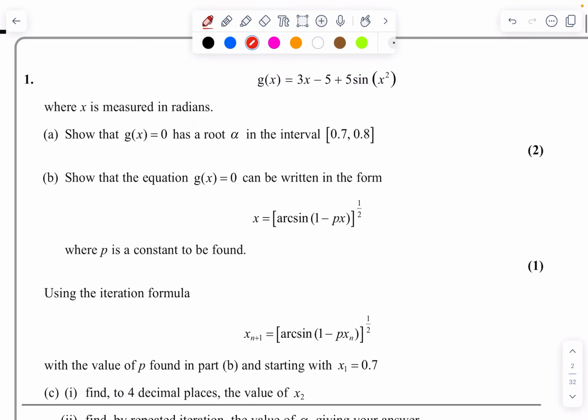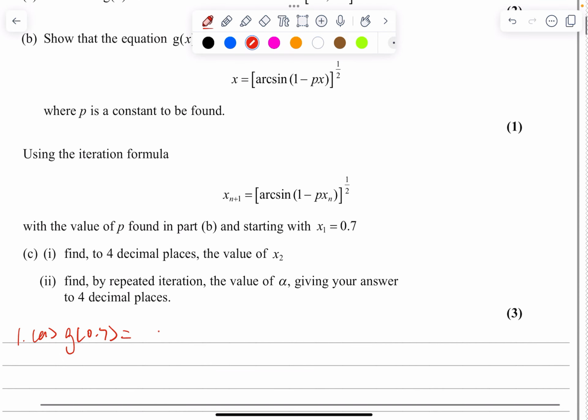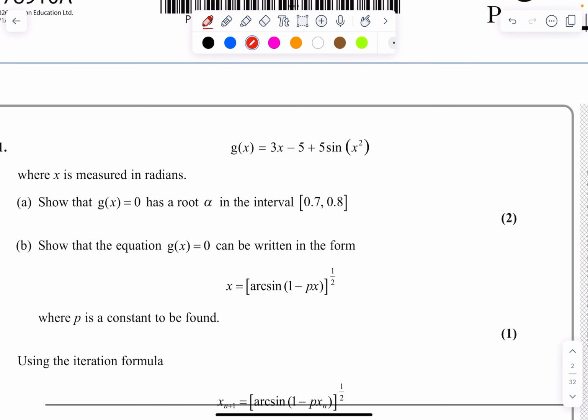Okay, actually I'm not gonna even calculate it, I'm just gonna look at the mark scheme. You should get around this value, and then g(0.8) should be 0.39. You just put in this number in all the x's, and also remember it's radians, okay?